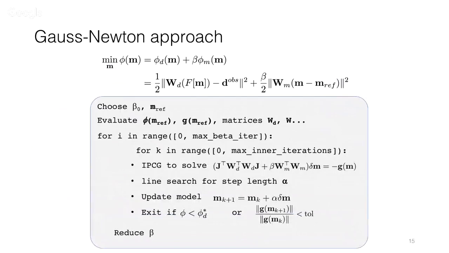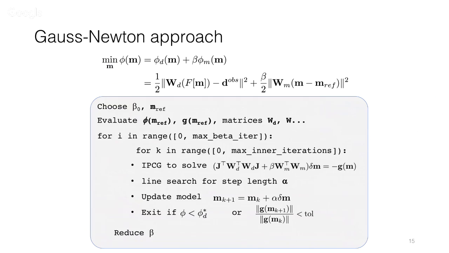So here's a flow that I think will make some sense to you. Here's our Gaussian approach. We've got this system up here. So what are we going to do? Got to choose a beta naught. Got to choose an m_ref. So that's at the start. Now we've got to calculate phi, m_ref, and we've got to calculate the gradient, and we've got to calculate these matrices, W_d, all these W's up here.